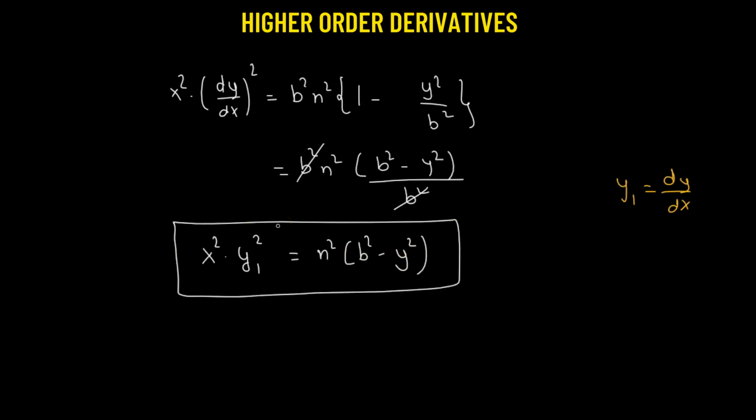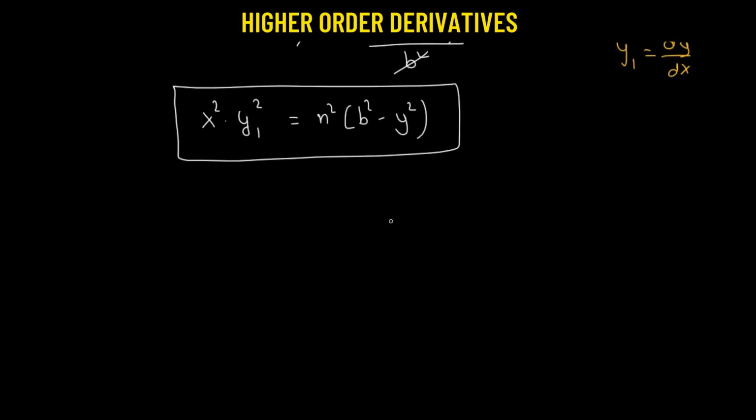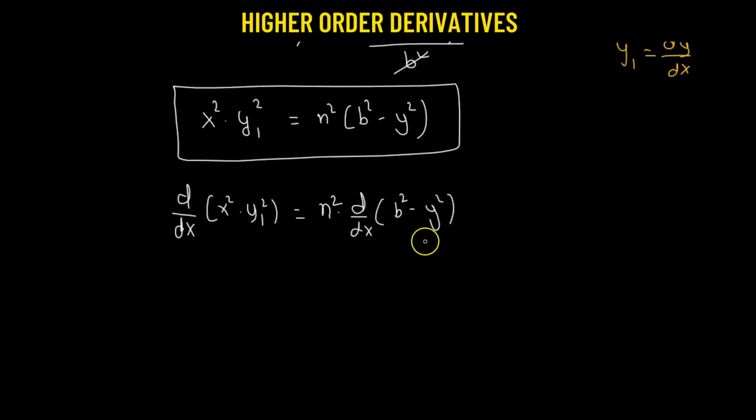Now what we'll do, we'll take the derivative on both sides with respect to x. So that means we have the derivative with respect to x of x squared times y1 squared, which is equal to n squared multiplied by the derivative with respect to x of (b squared minus y squared). Right. So here we'll have to use the product rule.